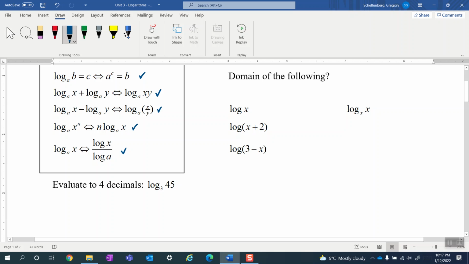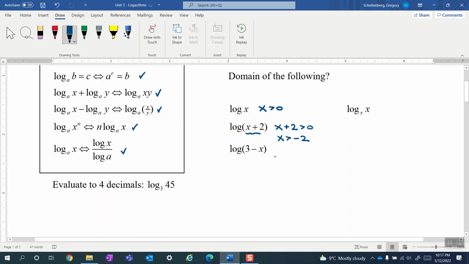If we keep those things in mind, we can identify the domain of each of these logarithms. For the first one, x is our argument, so x has to be greater than 0. Our argument here is x plus 2, so we could create a little inequality: x plus 2, which is the argument, has to be greater than 0, and so x has to be greater than negative 2.